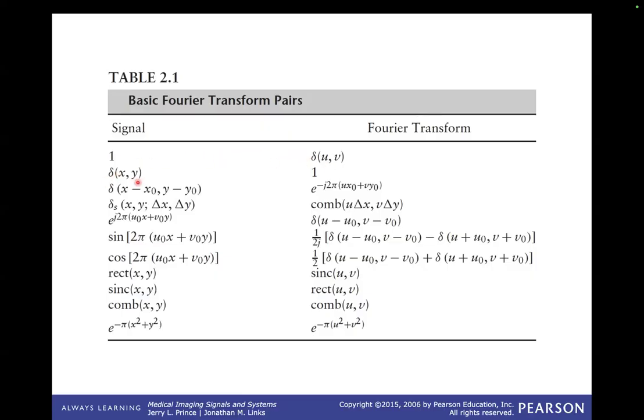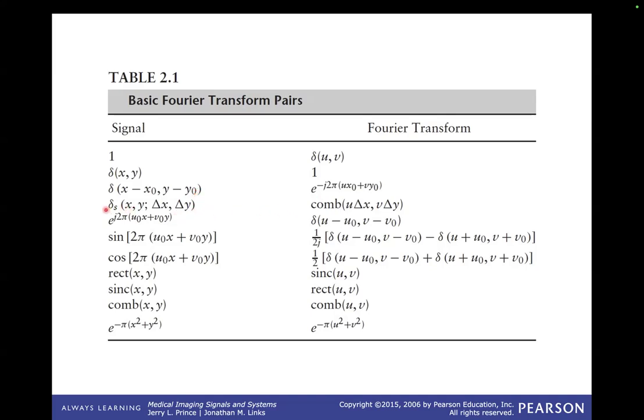If I take the Fourier transform of a delta function, I get one. So they're nice symmetric pairs. The Fourier transform of a delta function that is offset in the plane gives me a phasor which has a frequency that is equivalent to that offset.